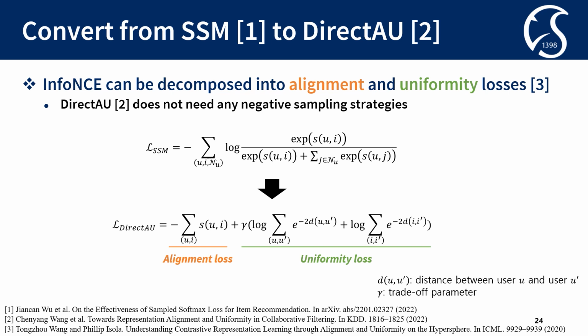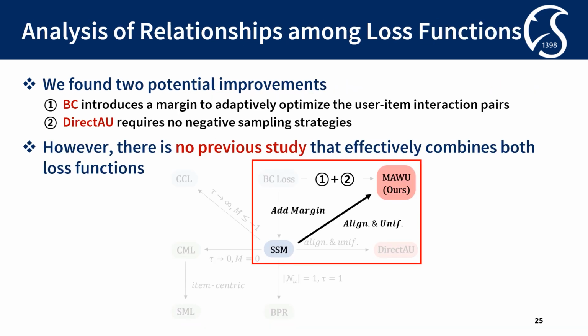You can see the trade-off parameter gamma to adjust the significance between alignment and uniformity loss functions. Based on these findings, we proposed a new loss function MAU. MAU can fully utilize the advantages of both BC and direct AU loss functions.